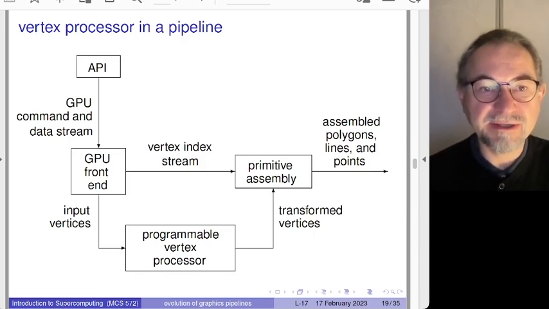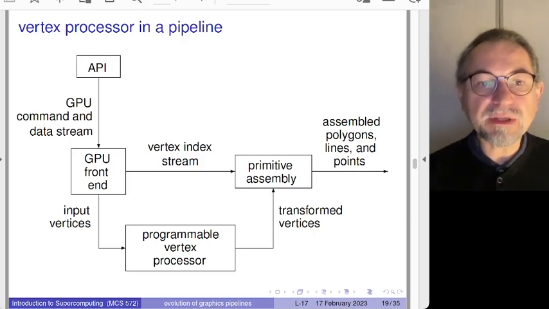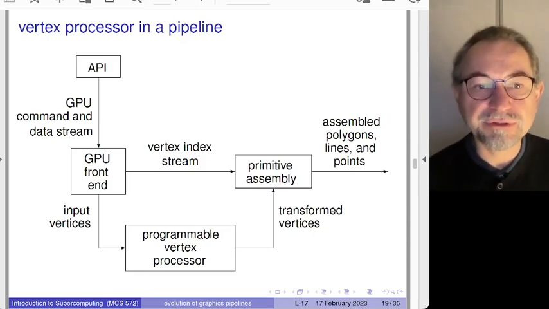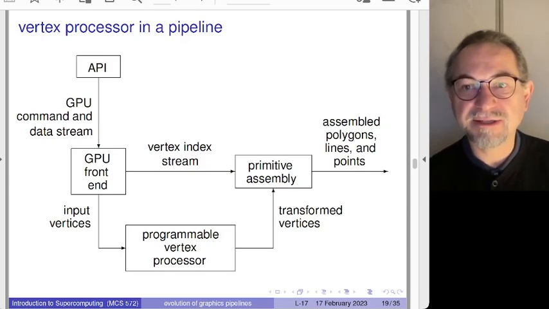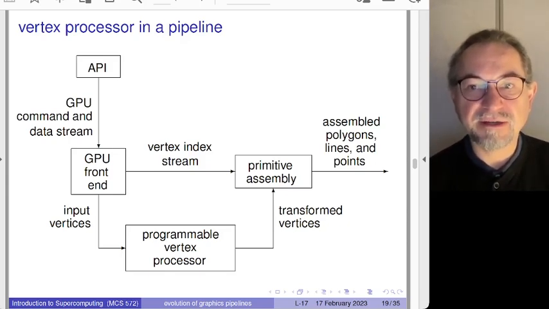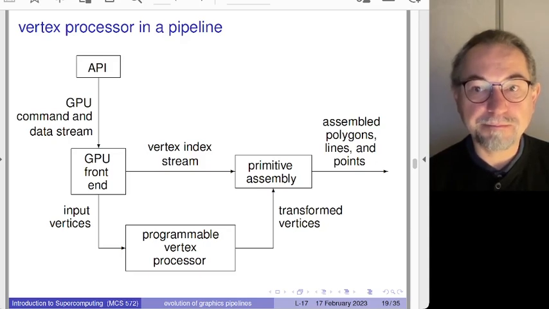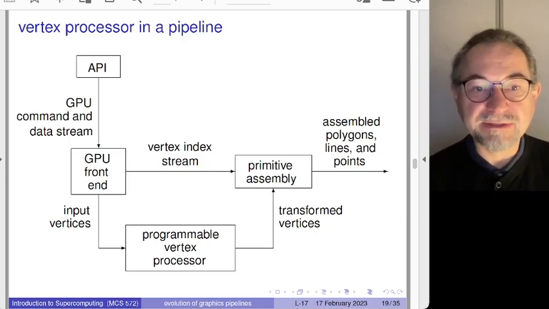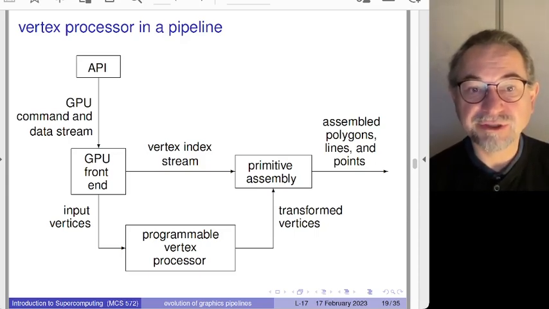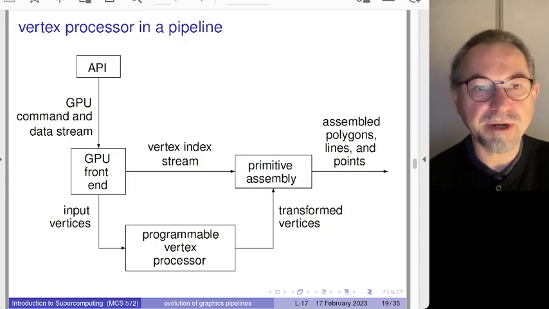So there is the inputs for all the vertices, the coordinates that come in, and what goes out are the red, green, and blue, and the opaqueness of every vertex. So that is essentially what the programmable vertex processor does in this first part of the pipeline.